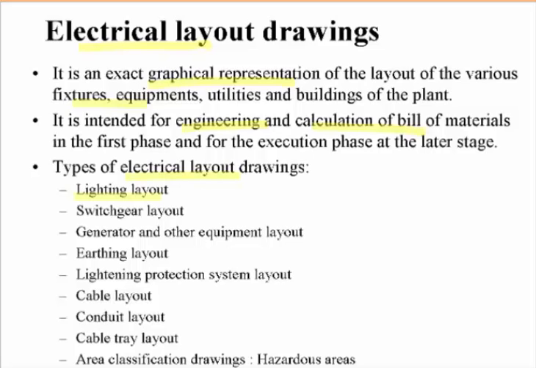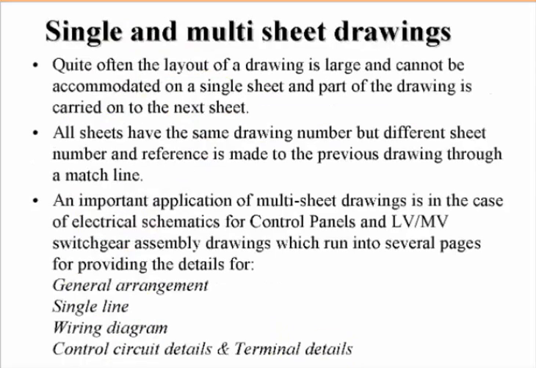We get lighting, switchgear layout, generator and other equipment layout, earthing layout, lightning layout, cable layout, conduit layout, cable tray layout, and also area classification drawings, specifically to identify the hazardous areas. So that's all the electrical layout drawings.